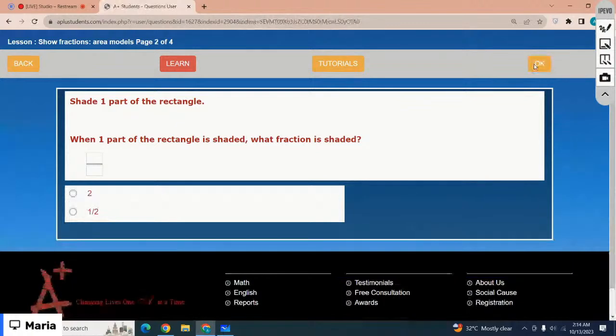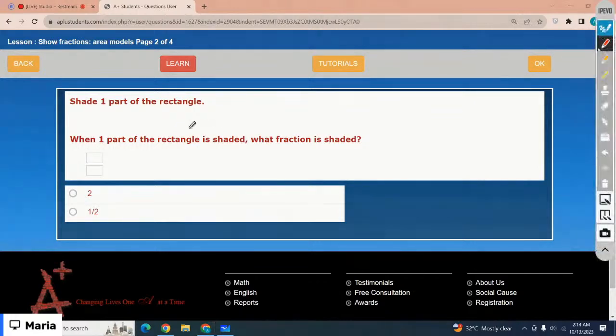Okay, shade one part of the rectangle. When one part of the rectangle is shaded, what fraction is shaded? You can see the shape has two portions, right? If you shade one part of the rectangle, it would be like this.